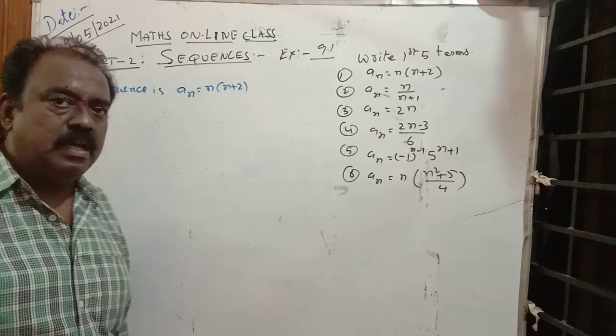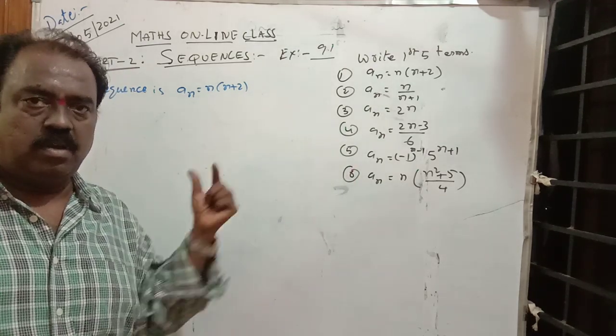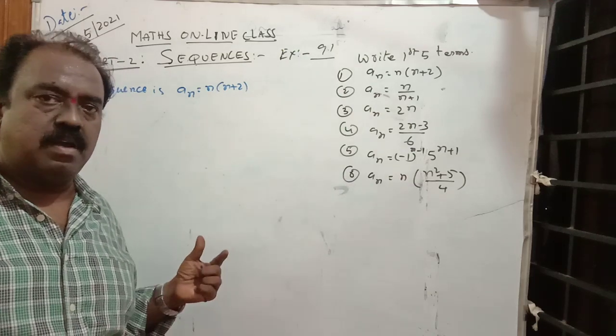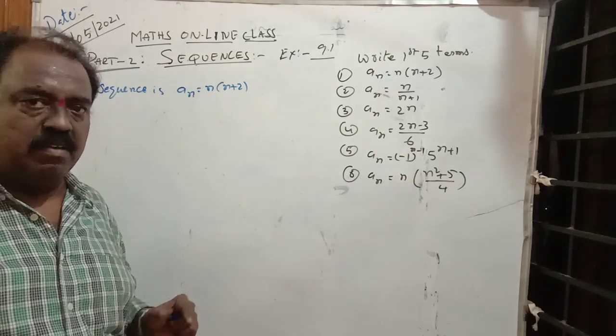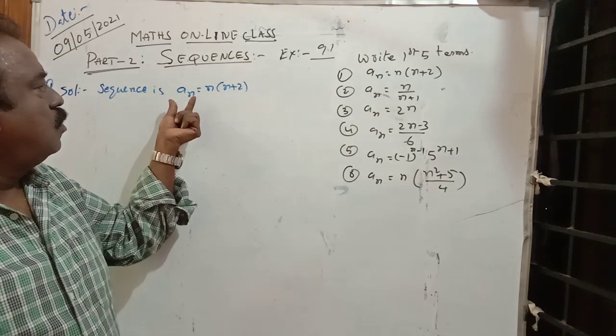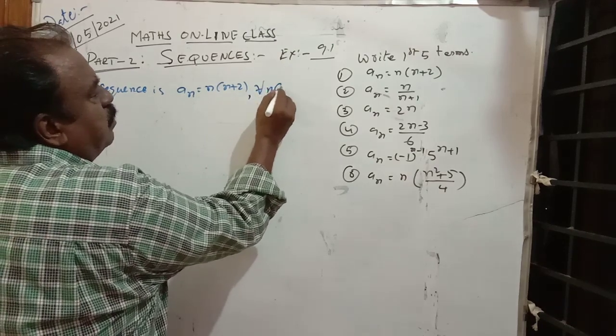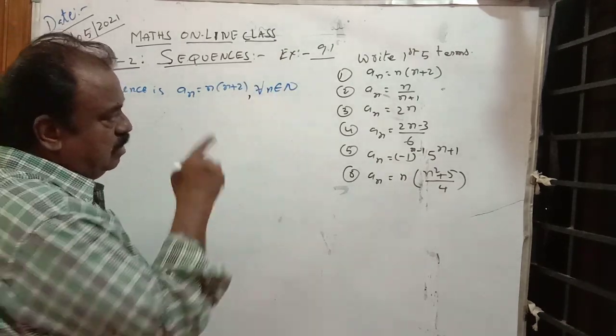You may feel that a sequence is the set of numbers in a row, or an arrangement of a set of numbers with one given condition. Yes, correct. Here also a set of numbers is there, where n belongs to capital N. That is the meaning.